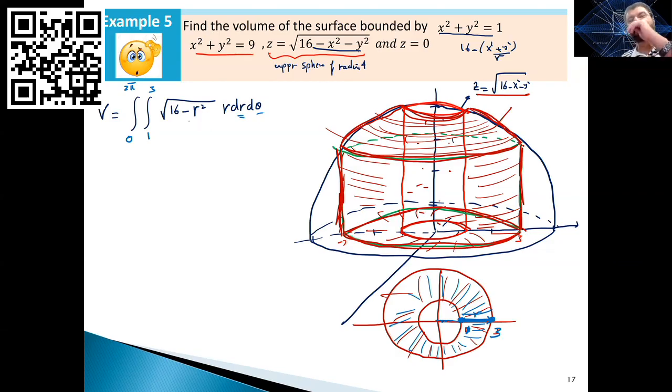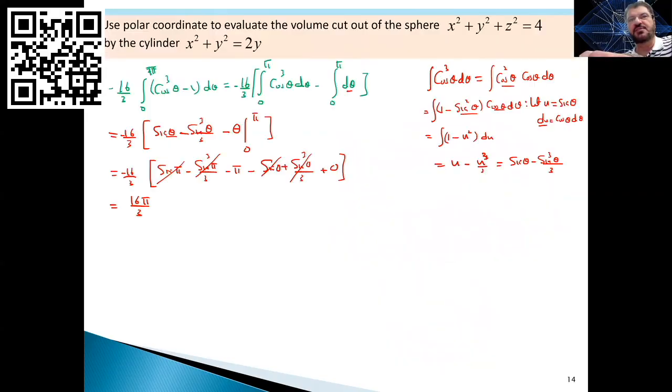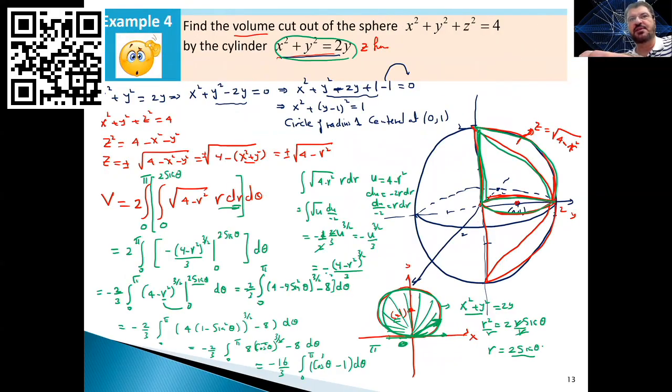Now, to integrate this one faster for you guys, we did this one a minute ago. Here it is. If you look at that one, this worked. Let u equal to that. So this is what you get actually. The final result is always going to be like this: minus 1/3, and here you have 4, there we have 16.